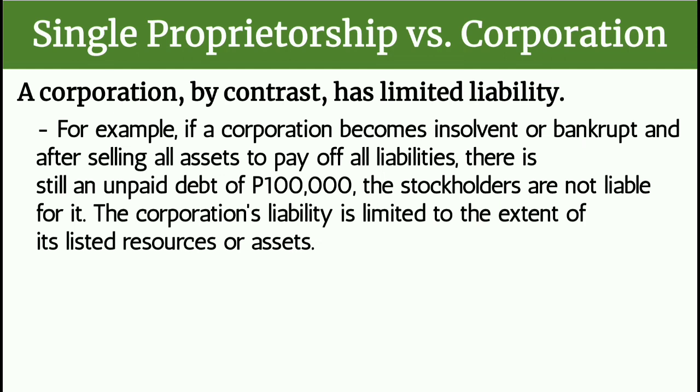Meaning to say, the creditors cannot go after the personal assets of the stockholders to pay off the unpaid debt of 100,000 pesos. As you can see, this is the opposite of sole proprietorship or single proprietorship. Kasi sa single proprietorship or sole proprietorship, pwedeng habulin ng creditors yung personal assets ng owner.